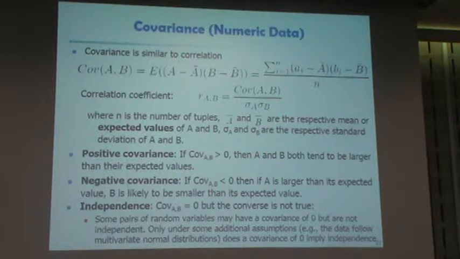Positive correlation means if A is larger, then B is larger too, like this way. And otherwise, for independence, it will be zero. In case we have high dimensional attribute data, we can find the covariance matrix. So attributes A1, A2, up to AN, against A1, A2, up to AN.